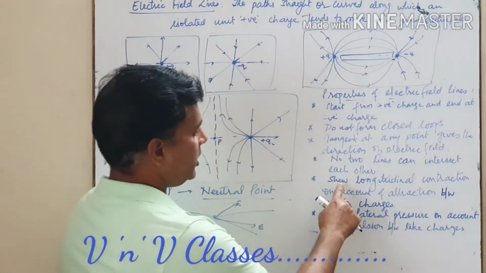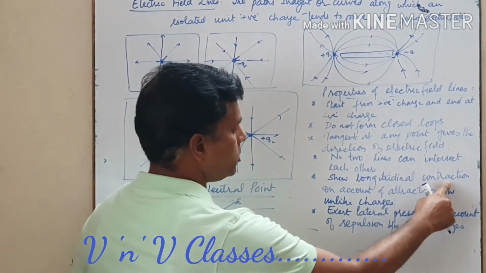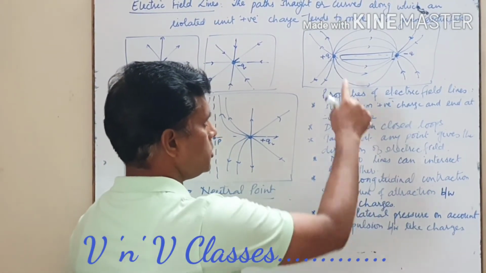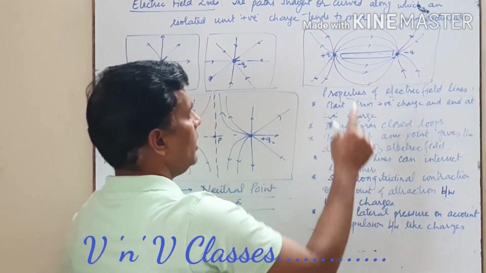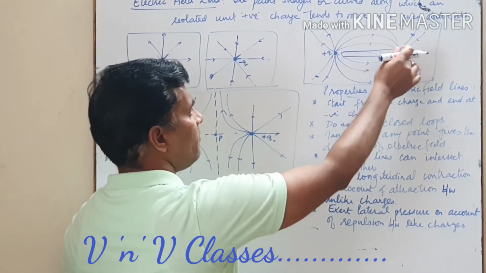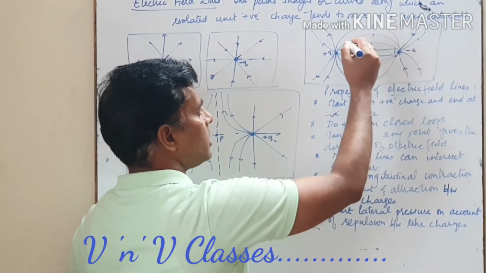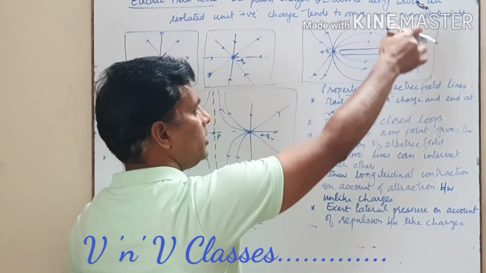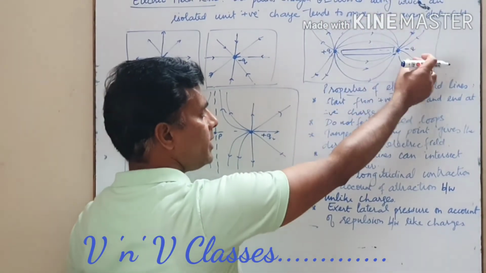Next point, they show longitudinal contraction on account of attraction between unlike charges. You have observed in this figure that the lines of force were contracting. If there was no negative charge, this line of force would have been going straight outwards, but the presence of negative charge pulled it inward.